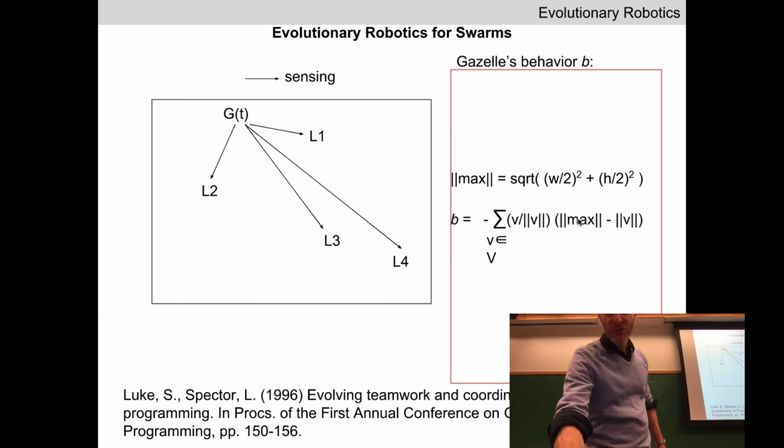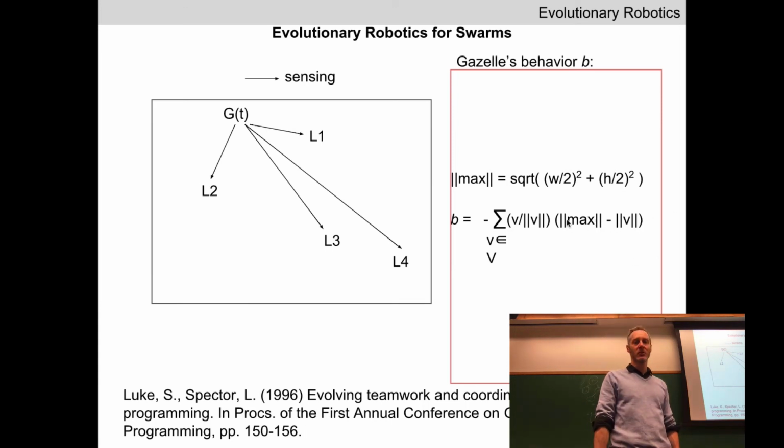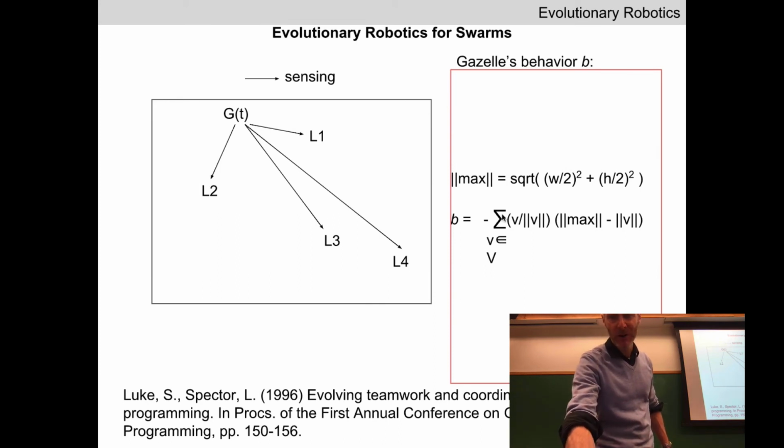This term over here is just to normalize this sum, so you can sort of forget this term for a moment and just focus on this. So we're summing up a weighted sum and then taking the negative of that vector. Okay, why are we summing up a weighted sum? Remember, we're computing the vector along which the gazelle is going to move at the next time step.